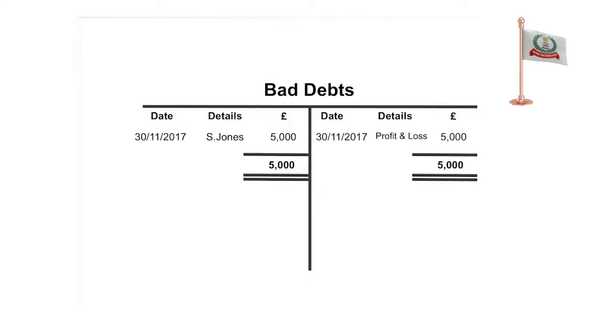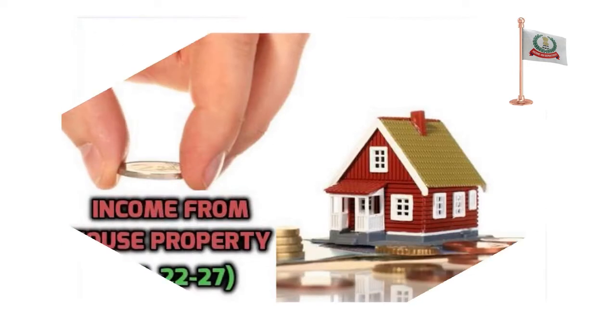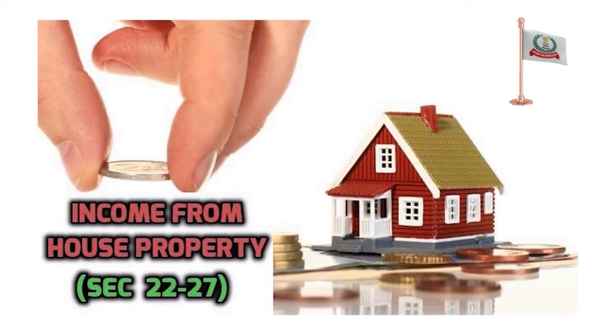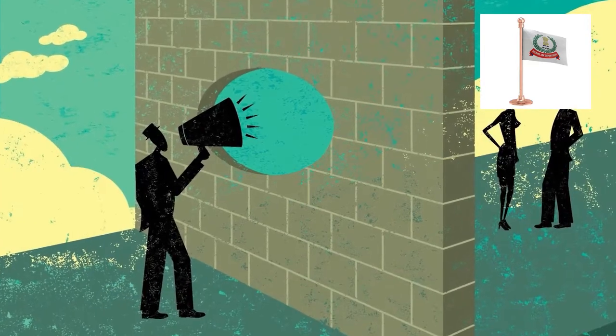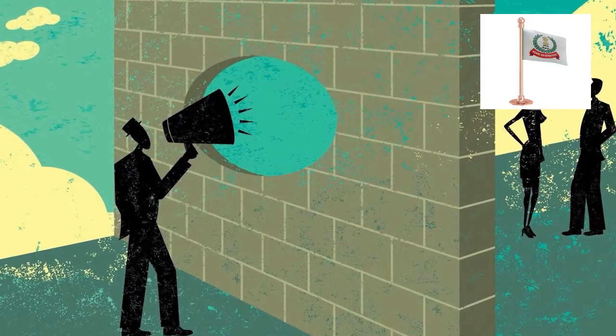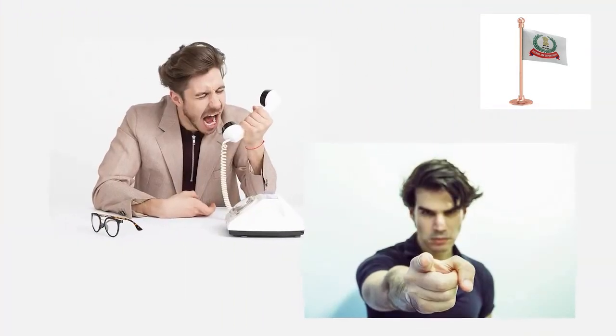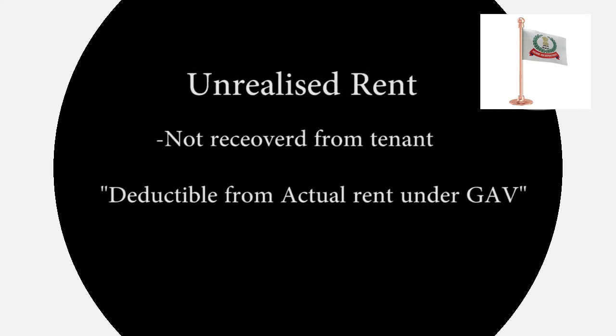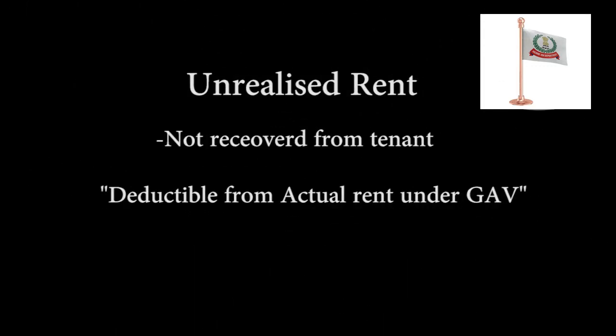Similarly, while computing income under the head house property, there may be some tenant who does not pay the due amount within the stipulated time of property let out. Within the same year, we record such amount as an unrealized amount as a loss and deduct it from the actual amount receivable.